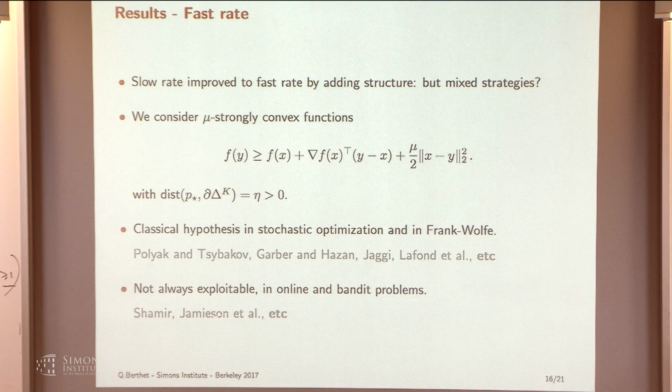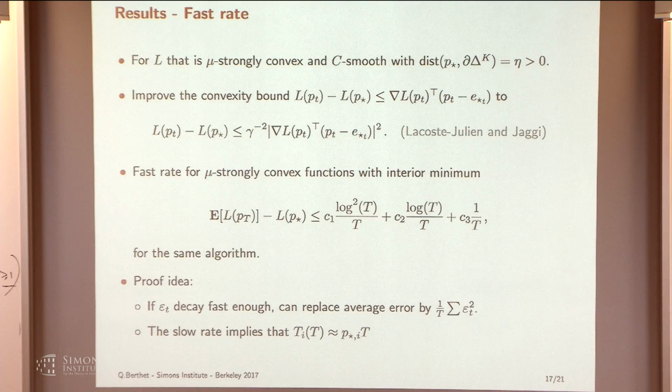So there are many other people who have looked at that. But usually in more classical bandit-type problems, this is not always exploitable. And so we didn't know initially if we were going to get faster rates in this problem. It turns out that it is actually possible.